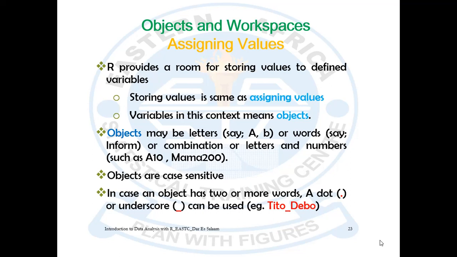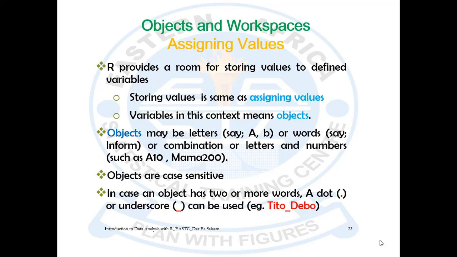That's number one. When assigning names to objects, you should not start with a number. You should not leave a space. If you need to write two names, you have to use the underscore or a dot. Another thing to note is labels are case sensitive.